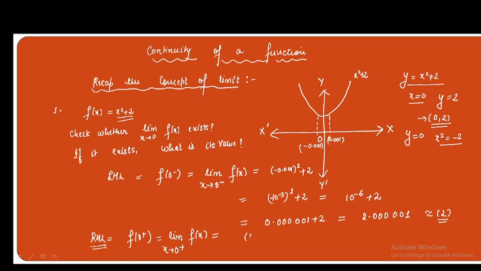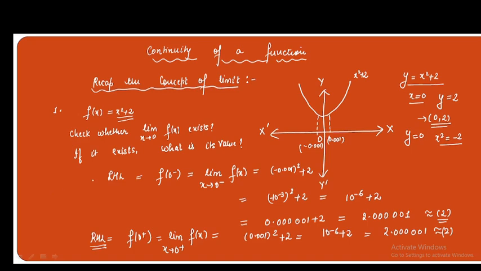If I'm taking this 0.001, I'll place it instead of x, so here it is square plus 2. Now this will be 10 raised to the power minus 6 plus 2, again the same value, so this will be 2.000001. This is again close to 2.